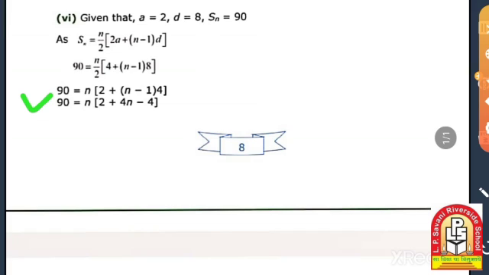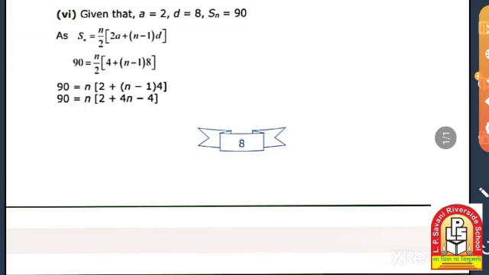So 90 is equal to n by 2 into the bracket 2 multiplied by 2 plus n minus 1 into D. Here 2 multiplied by 2 is 4, and D is equal to 8. In the bracket, 4 divided by 2 is 2, and 8 divided by 2 is 4.